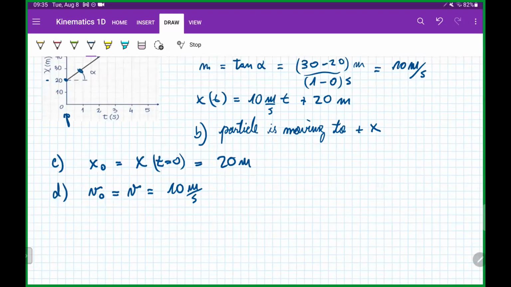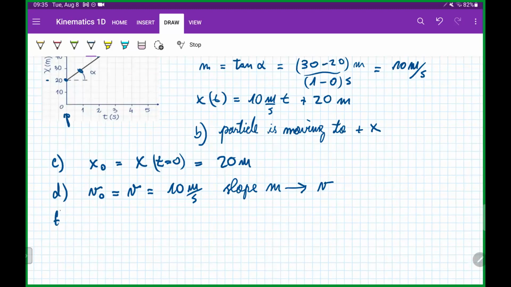Well, let's see E. What does the slope of the graph represent? Well, that's actually what we just said, right? The velocity. So the slope is representing the velocity. And then what type of motion is this in terms of the acceleration?